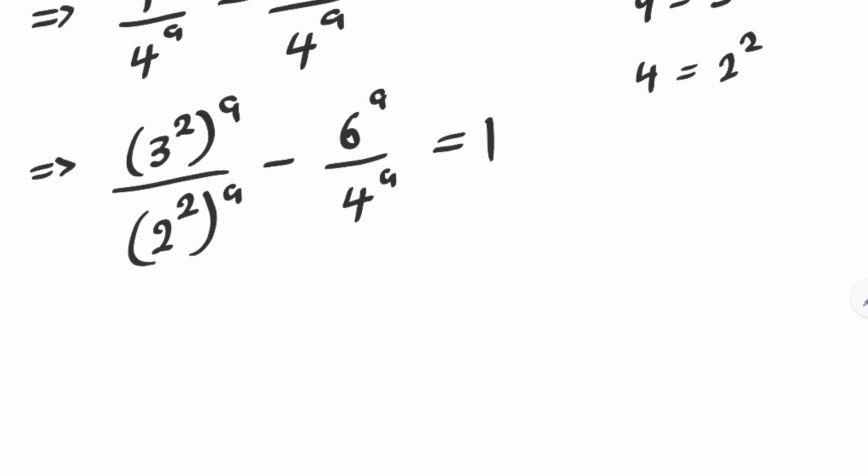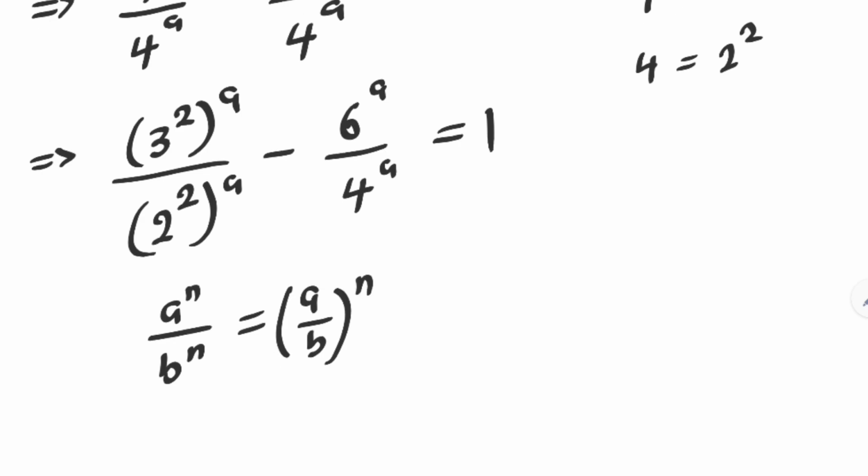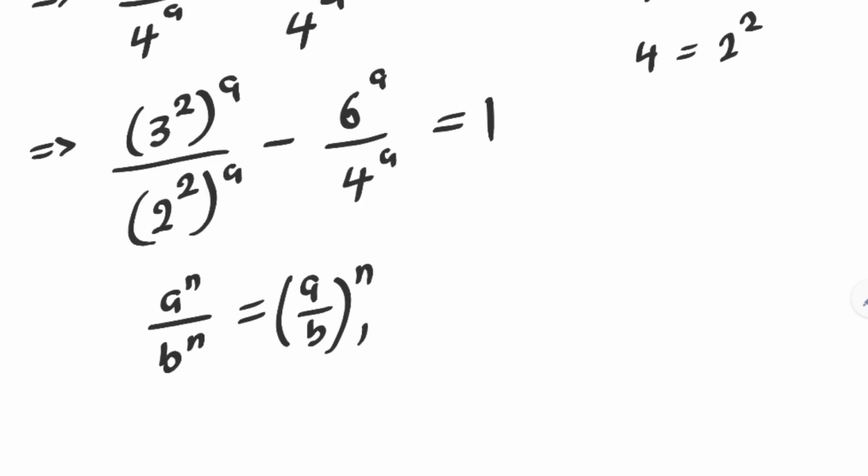If you have A raised to power n divided by B raised to power n, this is equal to A divided by B all to the power of n. And if you have A raised to power m to the power of n, this is equal to A raised to power n to the power of m.